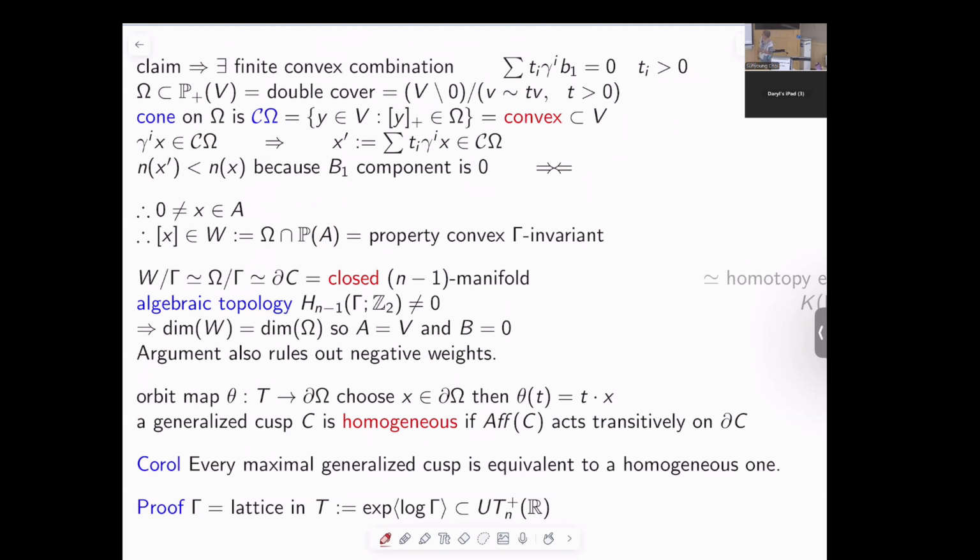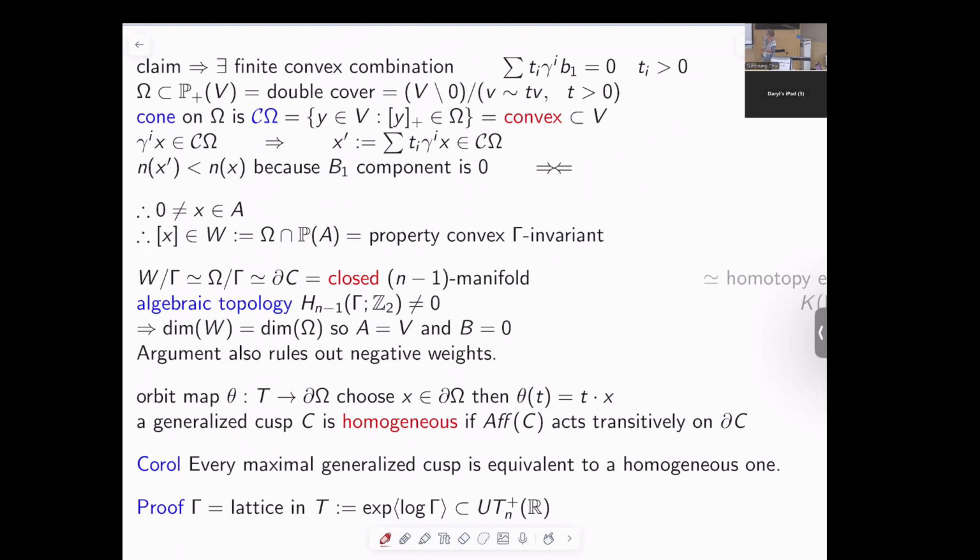And so that means that I can choose a non-zero vector X in the vector space A corresponding to a point in omega. In particular, this set of real weights is not empty. There are some real weights.